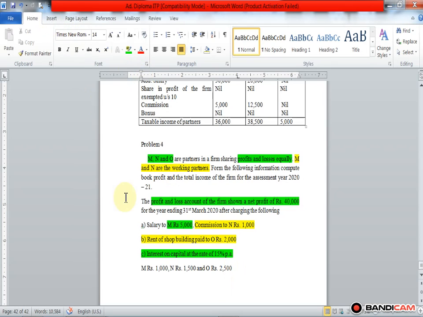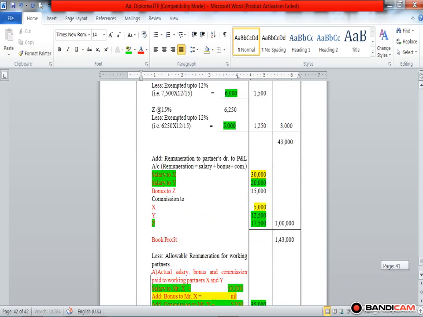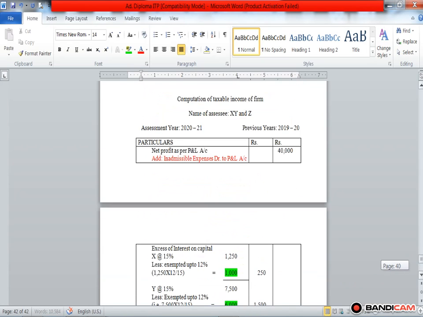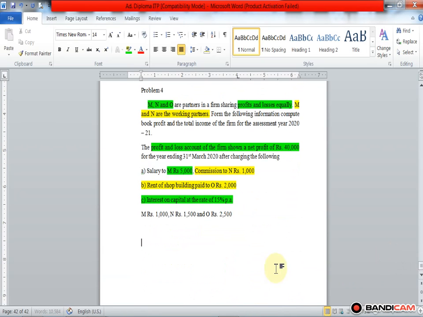Computation of book profit and total income of firm.